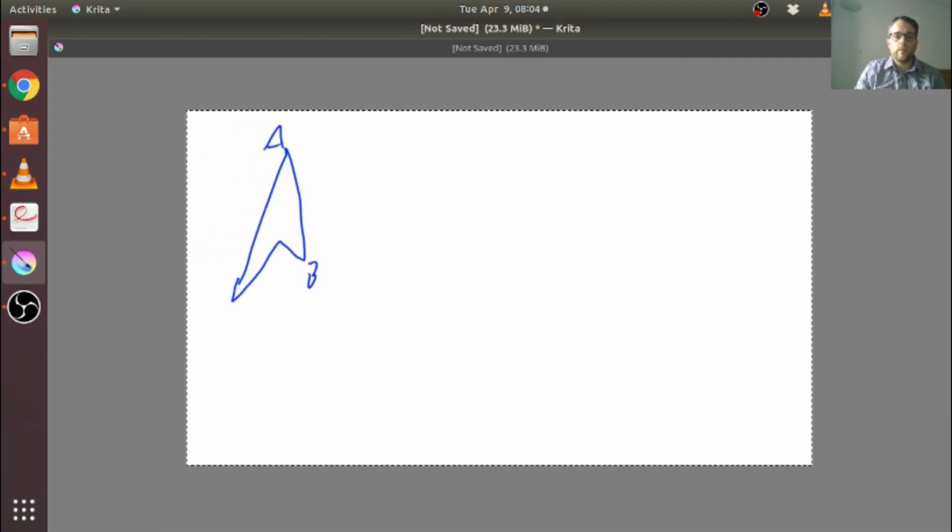A, B, C, D. If I look, let me draw in orange, I have shown that B and C are on the same side of AD. I've shown that A and C are on the same side of BD. So what that tells me is that C is in the interior of angle ADB.